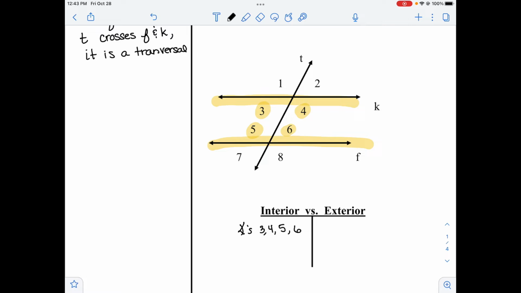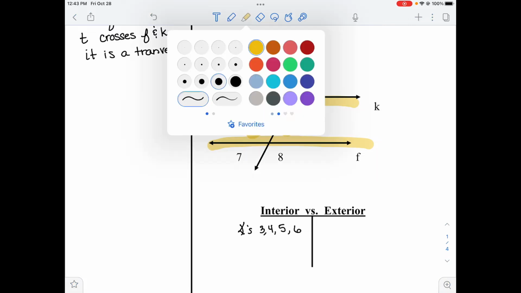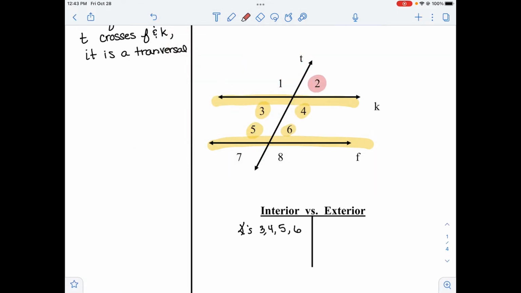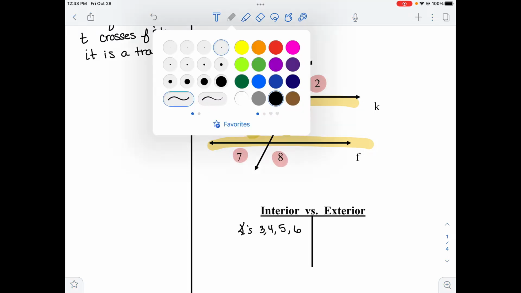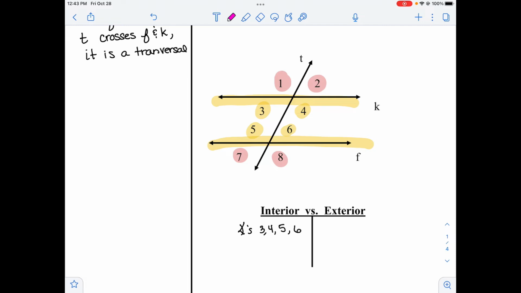The exterior angles are the ones on the outside. So we have 2, 1, 8, and 7 on the outside. We'll put them in order. So angles 1, 2, 7, and 8 are exterior. They're outside of our parallel lines.